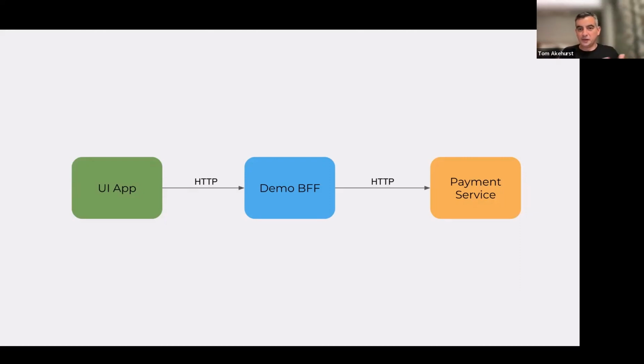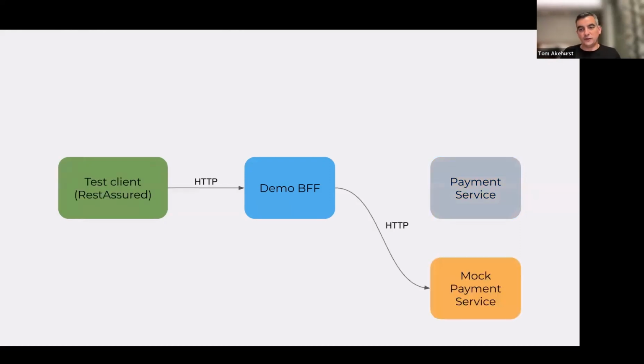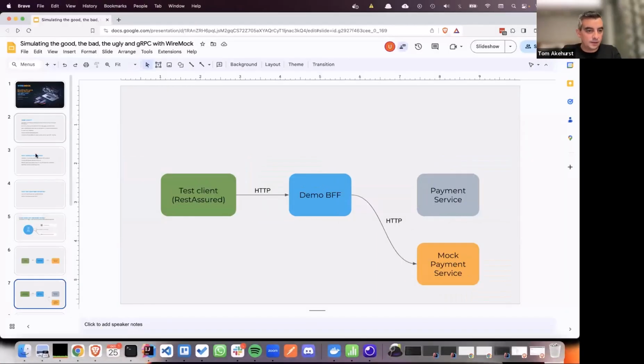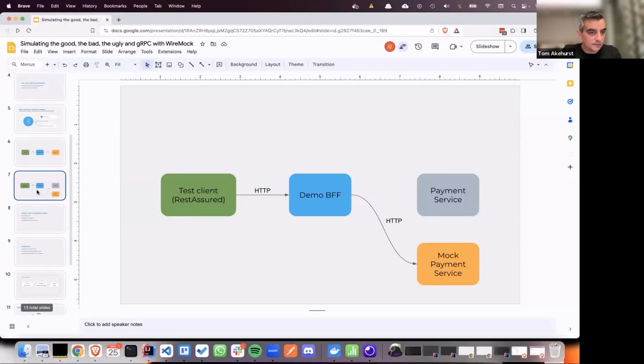You've got a UI application that we call the BFF, and the BFF would make an API call out to this payment service to actually charge your credit card or whatever. But for the sake of our testing, we're going to substitute the payment service for a mock, and we're going to substitute the UI for a testing client so that we can drive that service and check its behavior. And yeah, I think that's all I wanted to introduce about that.